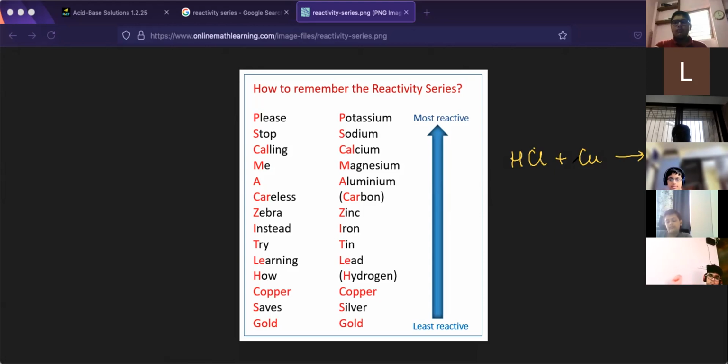Very nice. Correct. So at the base of it, it's a single displacement reaction, right? And copper, being less reactive than hydrogen, will be unable to displace hydrogen from the acid. So no reaction will take place.